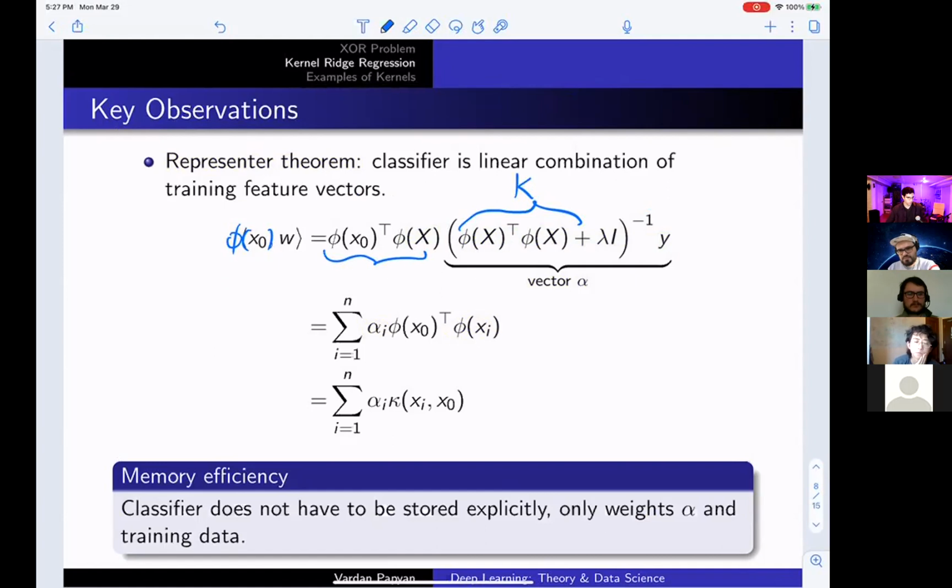Does this make sense? So for example, maybe we should do a simple example. In the first layer, your data would be x transpose x here, and phi x0 phi x would be x0 transpose capital X, right? And that would give you the prediction of the first layer.